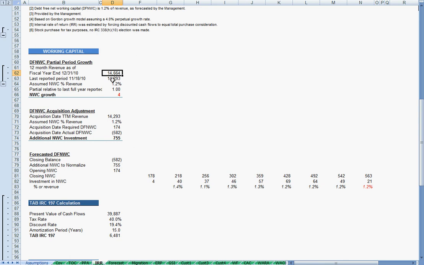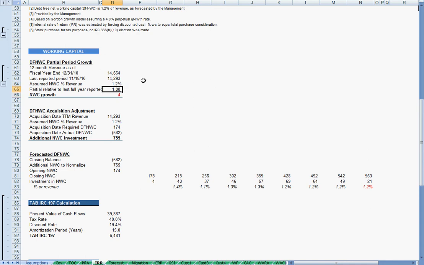In other words, in this relatively short period of about 6 weeks, the annual run rate of revenue for this company will grow from 14.2 to 14.6. So what we do in this case, we take the difference between these two numbers and multiply it by 1.2%. Again, it's our required level of net working capital, and that's how we arrive at 4.